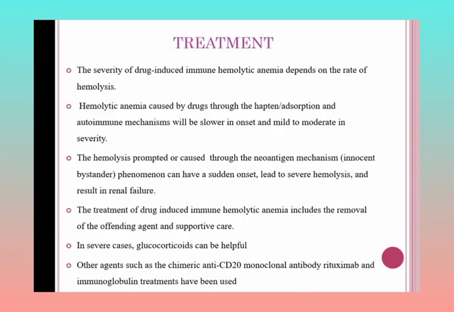Now coming to the treatment, the severity of drug-induced immune hemolytic anemia depends on the rate of destruction of the RBCs, that is, the hemolysis. Hemolytic anemia caused by drugs through the hapten mechanism or the adsorption type of autoimmune mechanism has a slower onset of symptoms and is of mild to moderate severity.